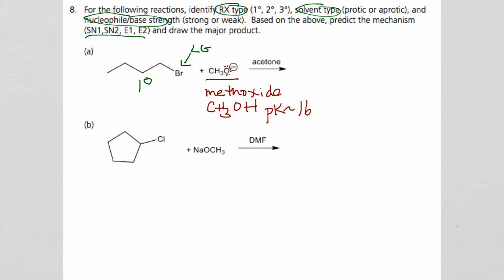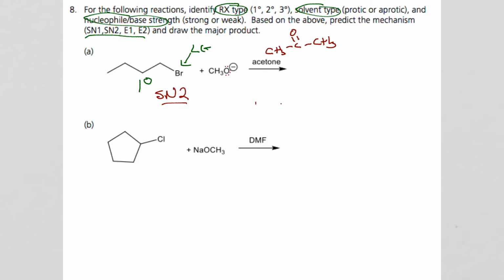We know that a primary substrate is pretty much only going to undergo an SN2 type reaction. There are conditions where this might do an elimination since the nucleophile is also a strong base, but it's most likely to undergo an SN2. You'd really need to see something like a delta here to indicate elevated temperature to expect any kind of elimination reaction.